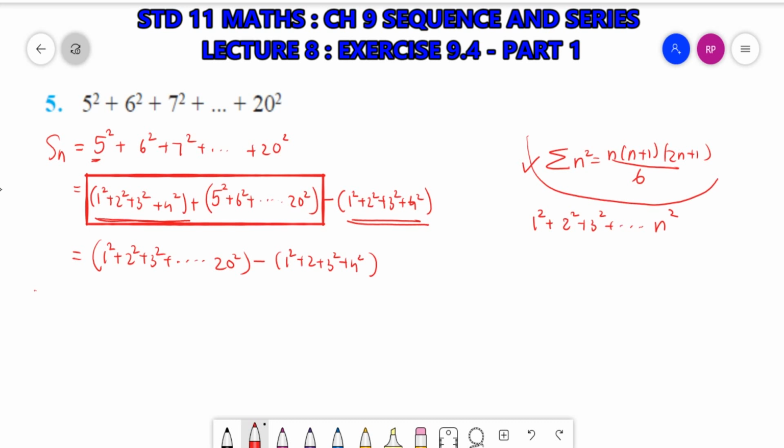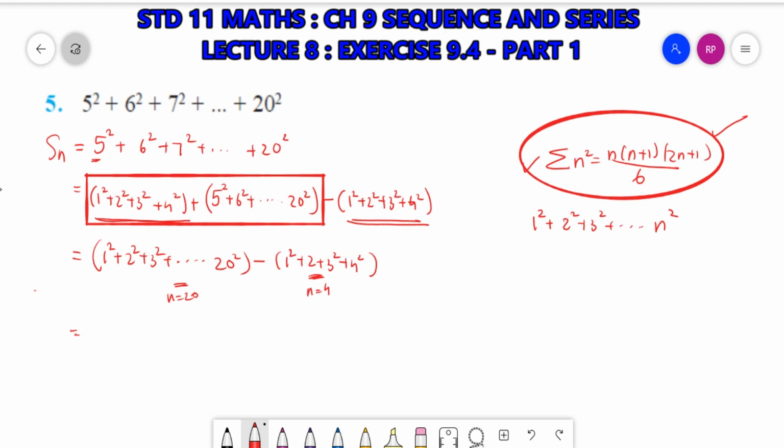Now I will be able to use this formula, right? Because in both the brackets it is starting from the first term, that is 1. In this case n is equal to 20, and in this case n is equal to 4.